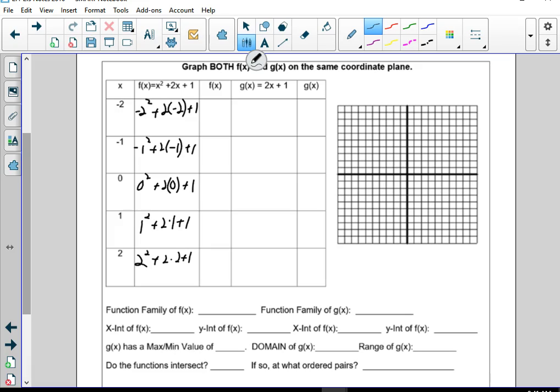So 4 minus 4 plus 1 is 1. Okay? 1 squared is 1. 1 minus 2 is -1, plus 1 is 0.